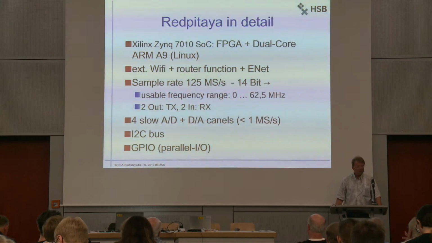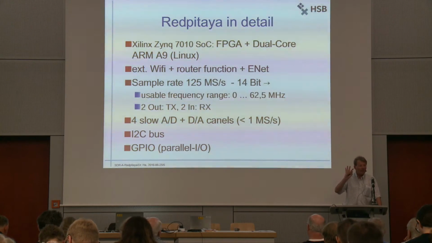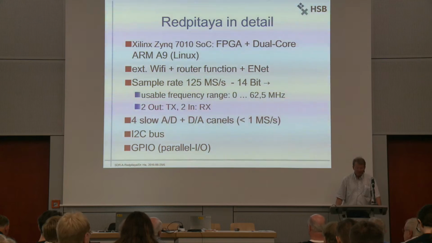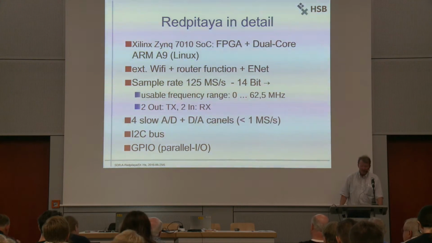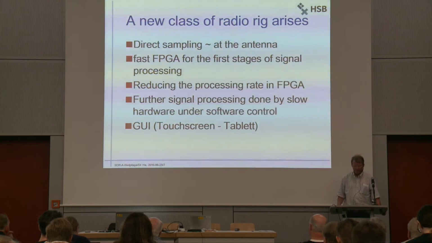We have 2 outputs and 2 inputs. This is a measurement device. So you have 2 generator outputs. You have 2 channels for input measurement. Additionally, we have 4 slow AD converters and DA channels, less than 1 megasample per second. We have an I2C bus and ordinary GPIO parallel input-output.